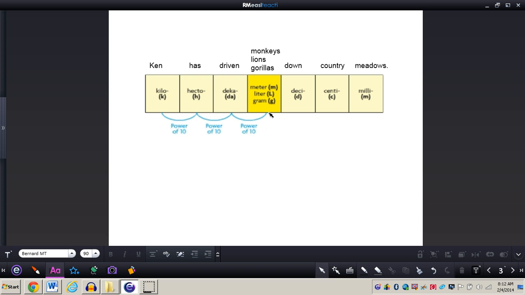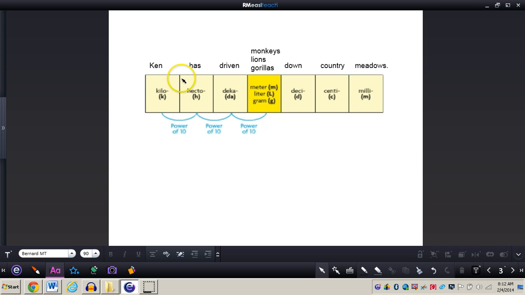A way to remember this is a little phrase that we teach here in 5th grade, the sentence: Ken has driven, and depending on what unit of measurement you're dealing with, monkeys, lions, or gorillas down country meadows. Every letter that begins each word stands for a different metric unit prefix.